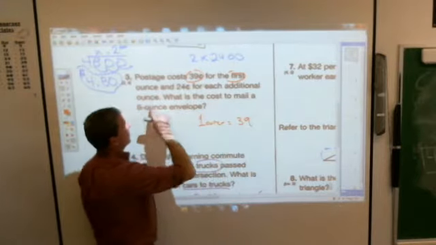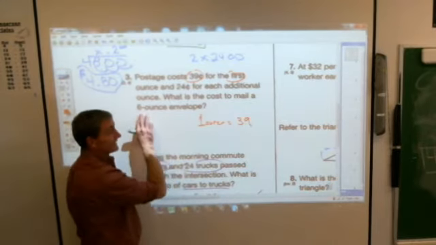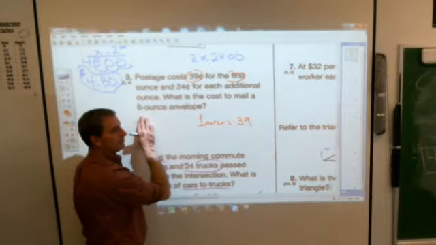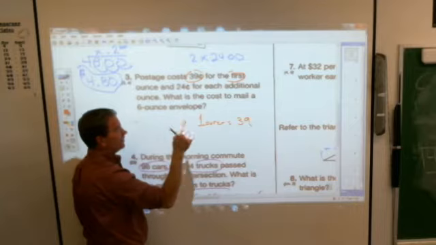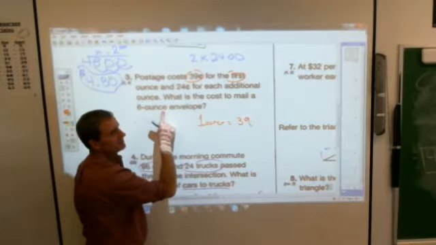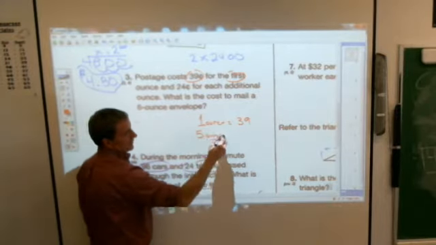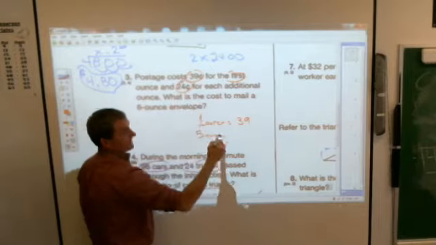My first ounce cost 39 cents. If I bought 1 ounce and the whole thing is 6 ounces, how many more ounces do I have left? I paid for 1 ounce. It's a total of 6 ounces. How many more ounces are there? 5. So you have 5 more ounces, and they cost 24 cents each.